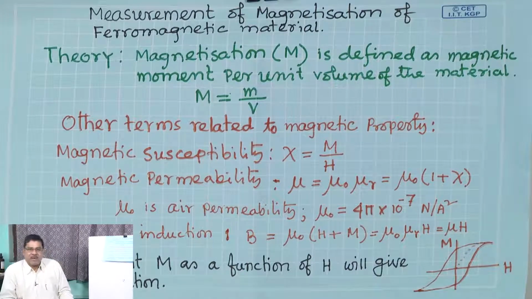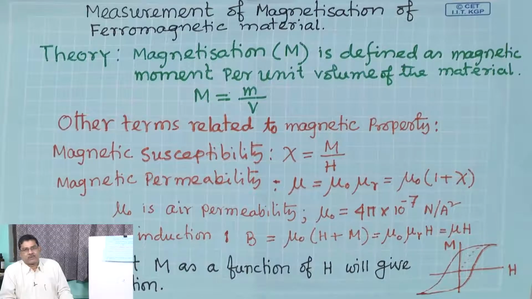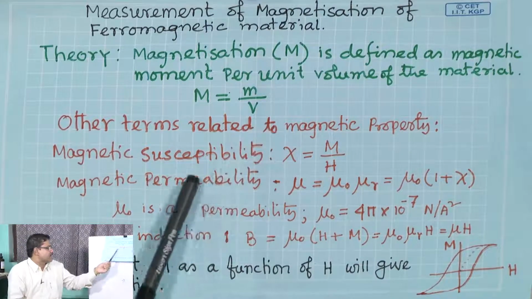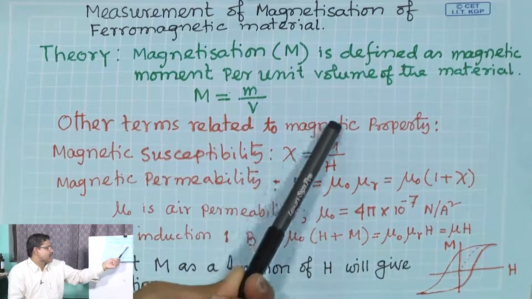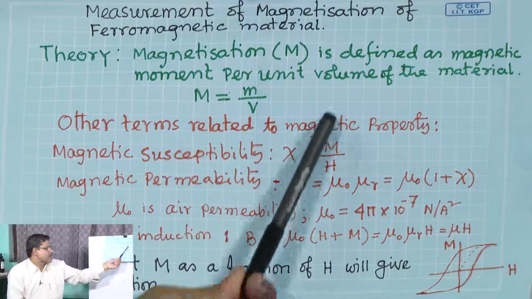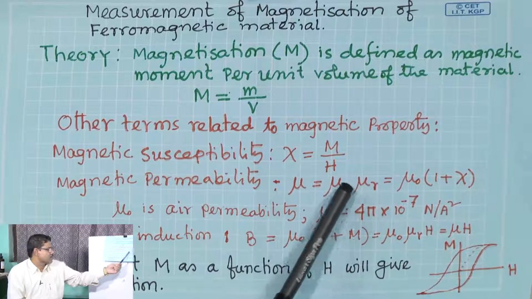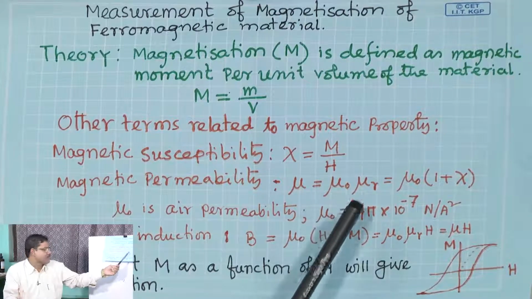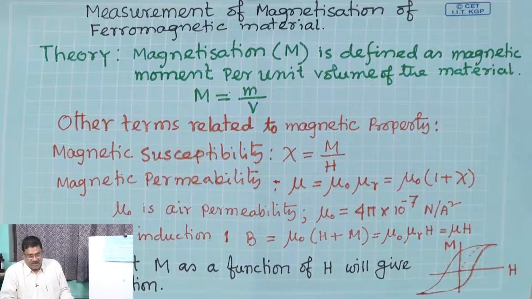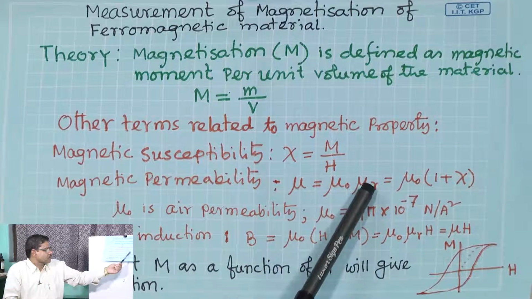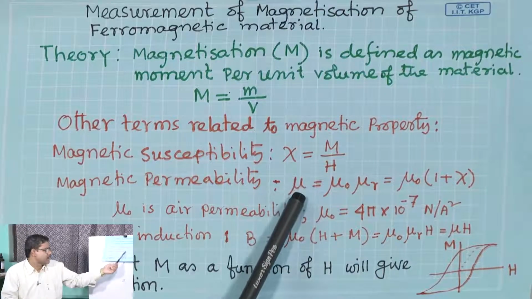Now there are different parameters we use to define a magnetic material: susceptibility and permeability. Susceptibility is defined as chi equal to M by H. Permeability is mu equal to mu 0 mu r, where mu 0 is the permeability of vacuum and mu r is the relative permeability of the material, that is mu by mu 0.